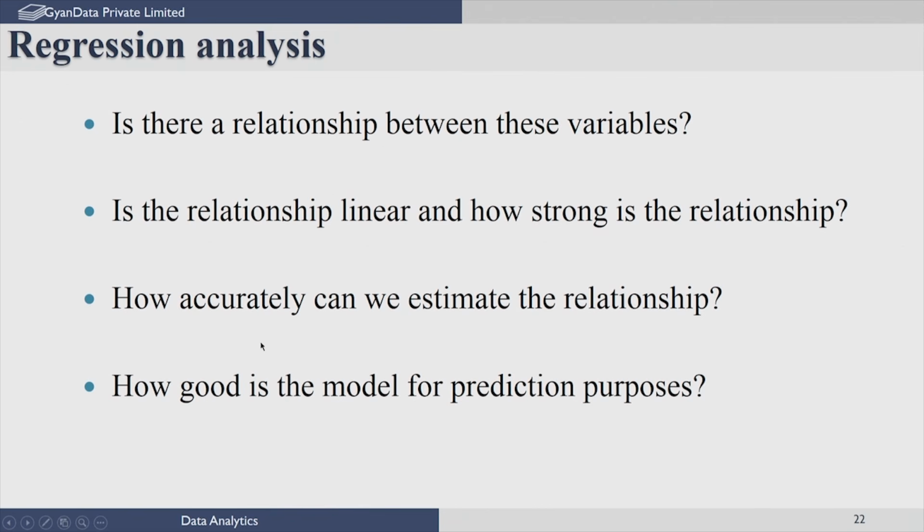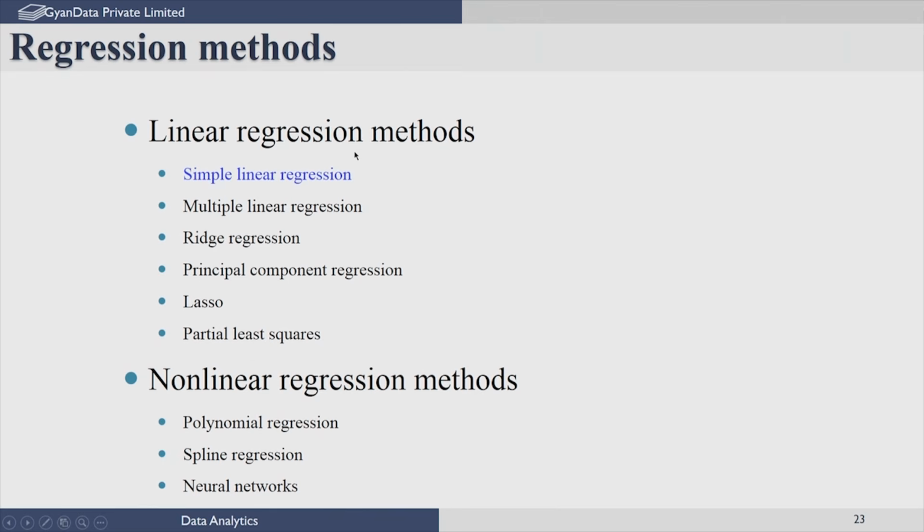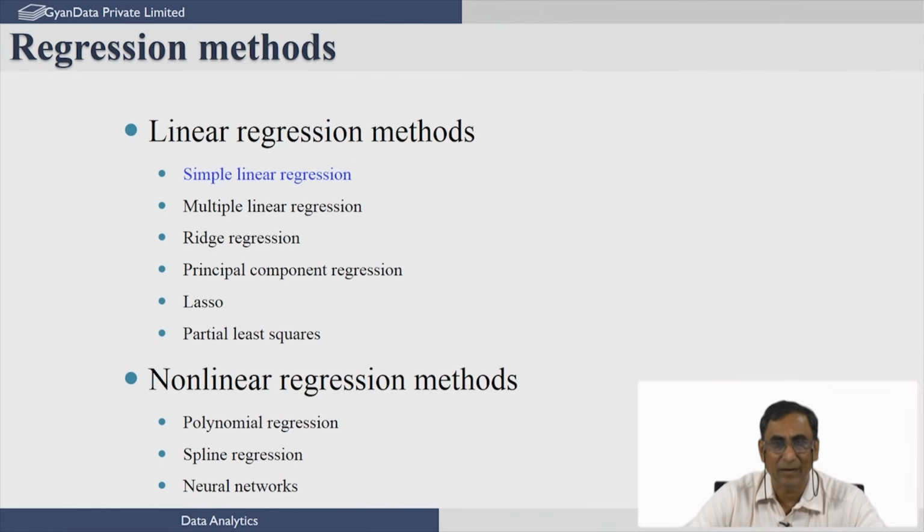So, these are some of the questions that we would like to answer even in the process of developing the regression model. There are several methods available in the literature for performing the regression, depending on the kind of assumptions you make and the kind of problems that you may encounter. As I said, simple linear regression is the very basic technique, which we will discuss thoroughly.